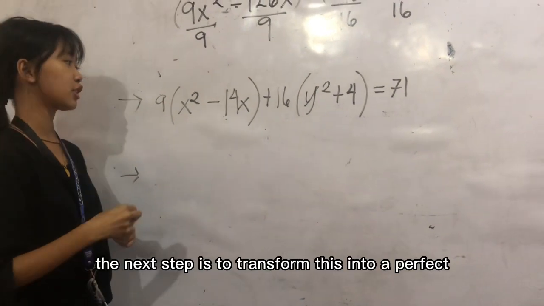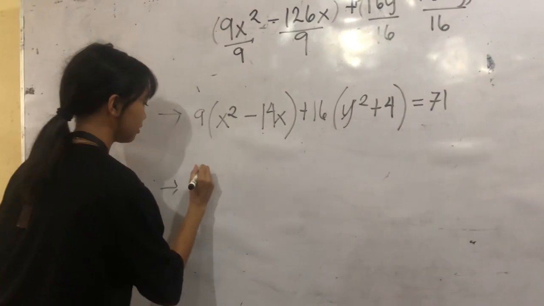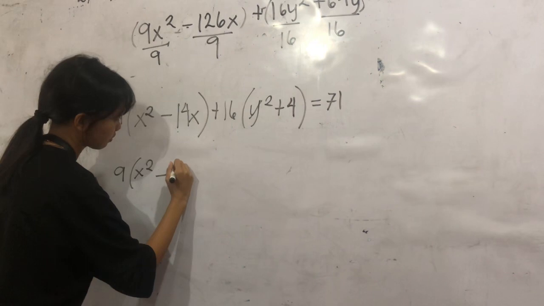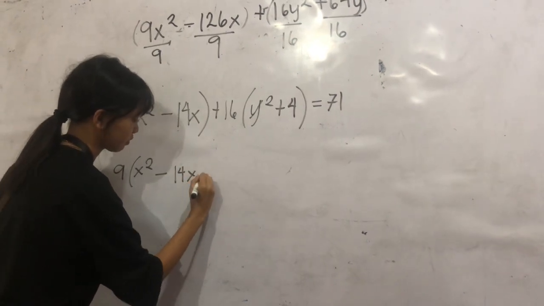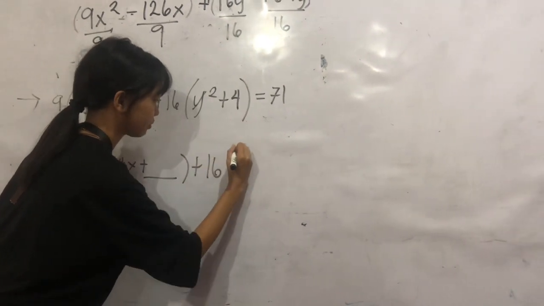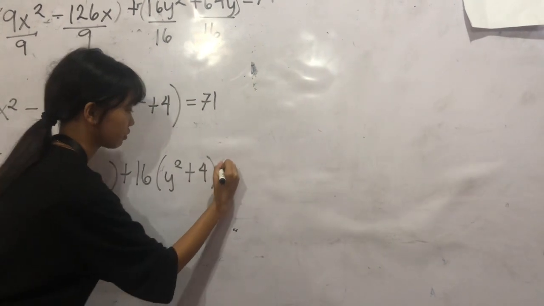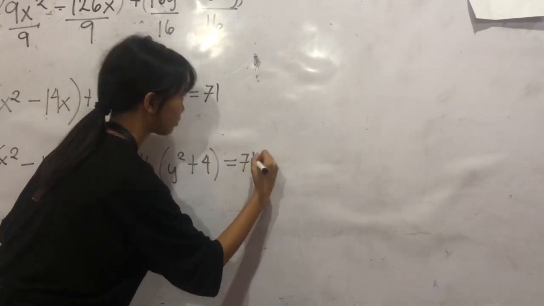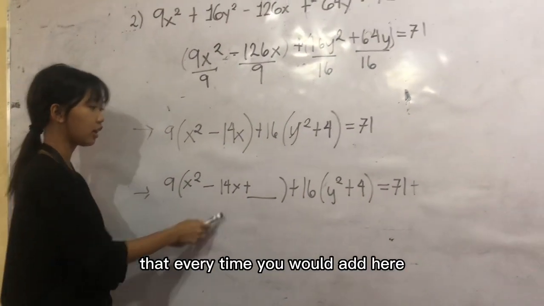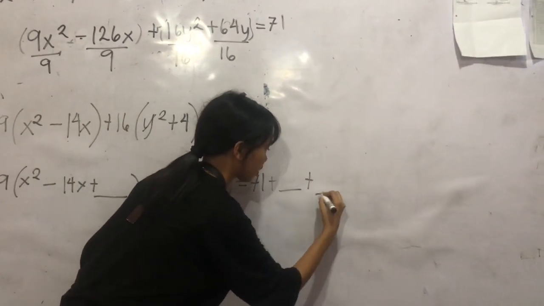The next step is to transform this into a perfect square trinomial. Now you have to remember that every time you add here, you should also add on the other side. So we have to put a blank and another blank.